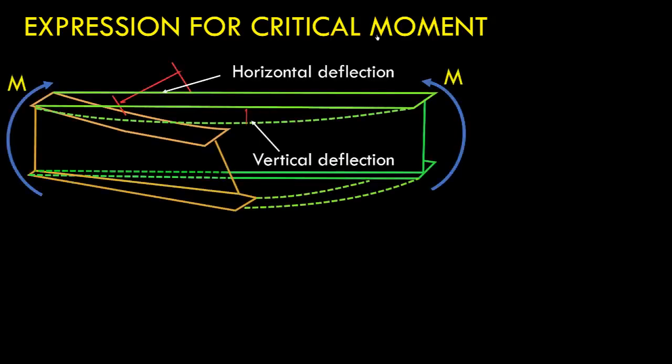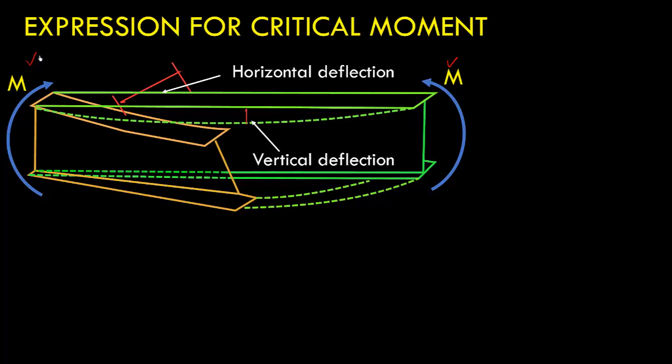So let us consider this beam. We have an I beam, the length of the beam is L, and a moment M is applied at both ends of this beam. Now this beam will basically deflect.